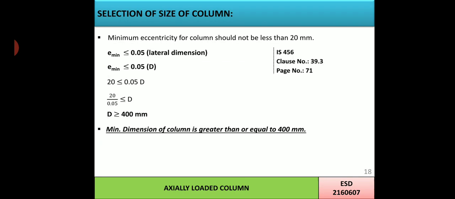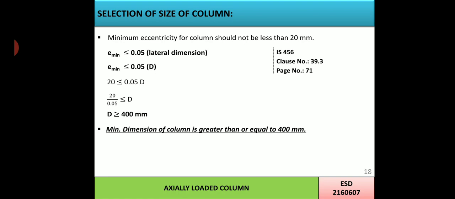Now selection of size of column. Now as we discussed earlier, minimum eccentricity for the column should not be less than 20 mm. So as per the clause 39.3, page number 71, e minimum should be less than or equal to 0.05 times the lateral dimension, that is D. As we discussed earlier, minimum eccentricity is 20 mm, so 20 should be less than or equal to 0.05 times D. And simplifying it, we will get D should be greater than or equal to 400 mm.